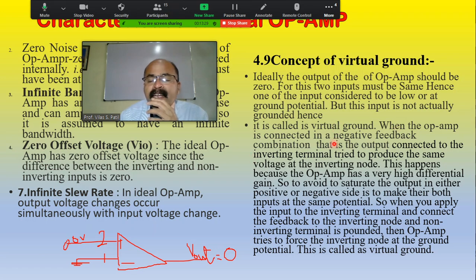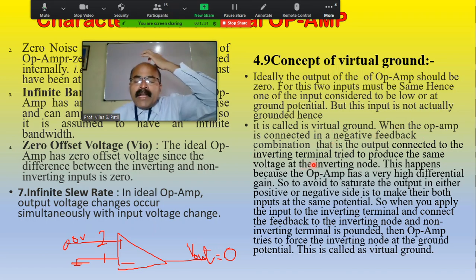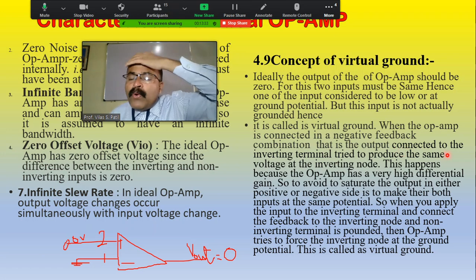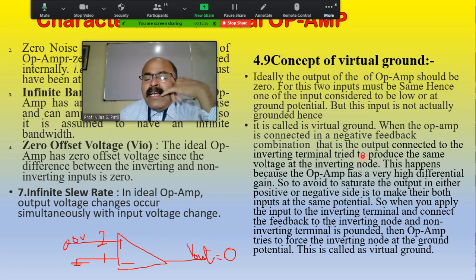When the op amp is connected in the negative feedback combination, that is, the output connected to the inverting terminal, it tries to produce the same voltage at the inverting node. This happens because the op amp has a very high differential gain.